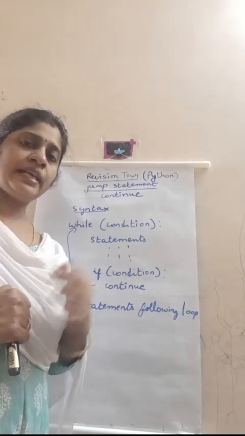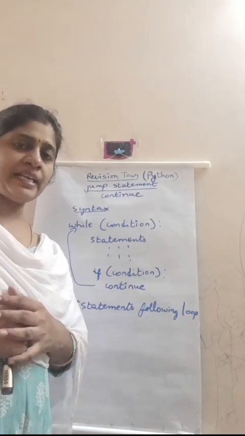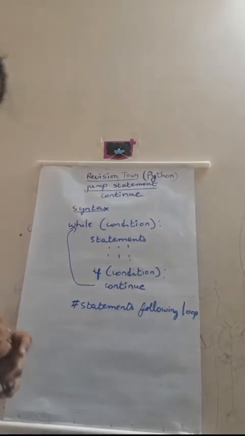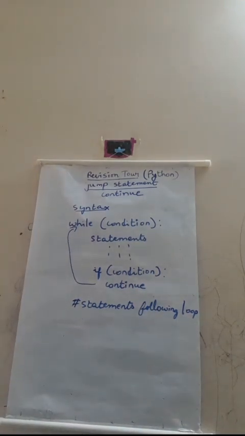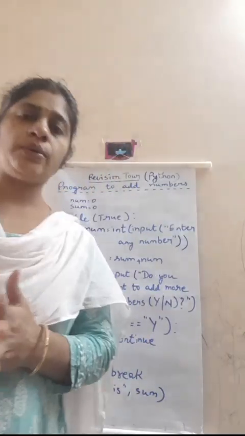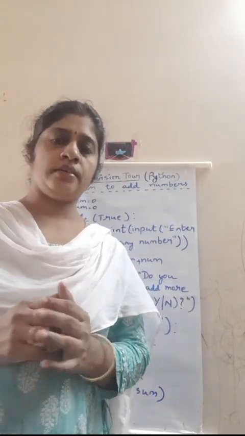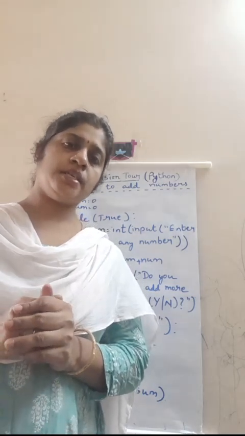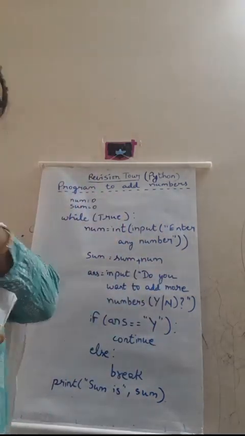Now we will see the continue statement with a program example. Here is the program in which I have used a continue statement. It is a program to add numbers.